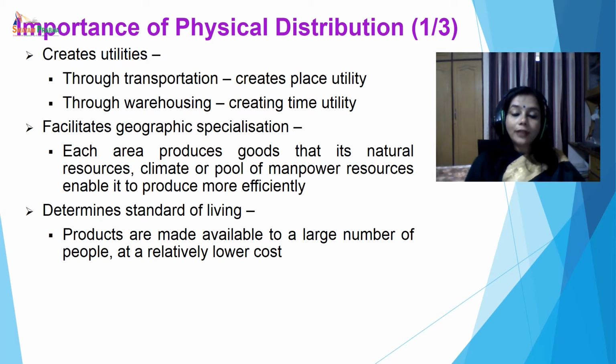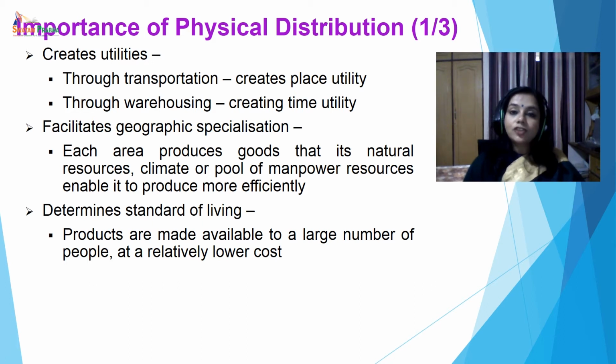That is done by transportation, thereby increasing the value of the product. Through warehousing, it creates time utility because the products are manufactured at a particular time but consumed over the whole year. So warehousing ensures that the products can be kept for a longer period of time and can be delivered when and where it is demanded.